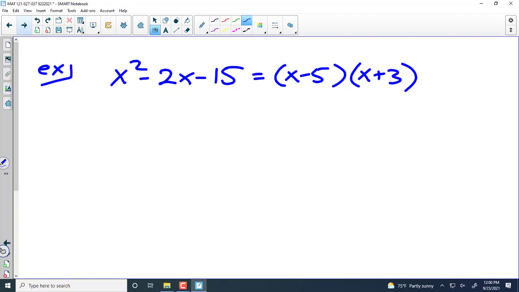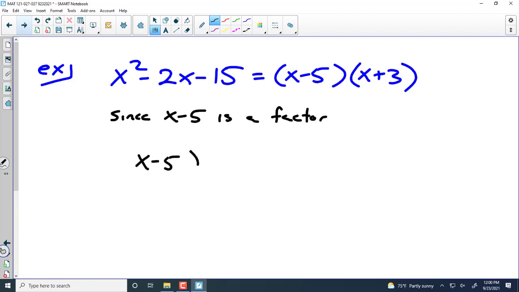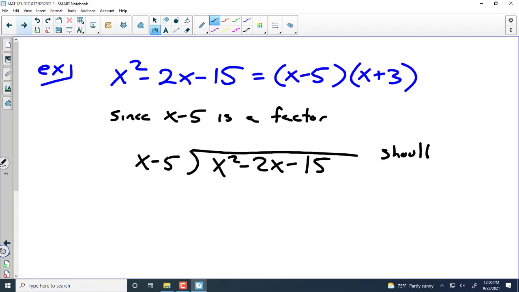Just like there's only one way to factor a number, there's only one way to factor a polynomial. Now, that means, I'll just pick one of them. Since x minus 5 is a factor, and I just picked one of them at random, that means that x minus 5 divided into x squared minus 2x minus 15 should give what remainder? If it is a factor, what should my remainder be? 0. It should be.